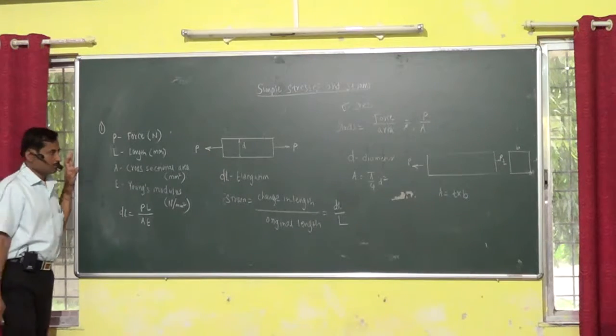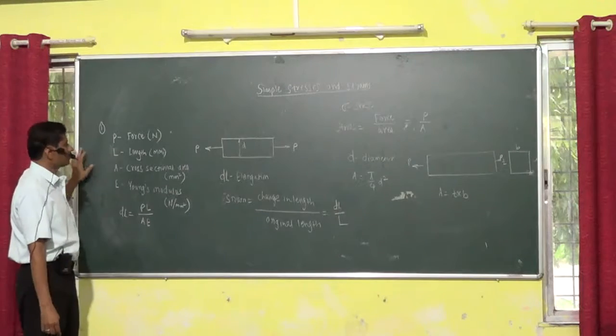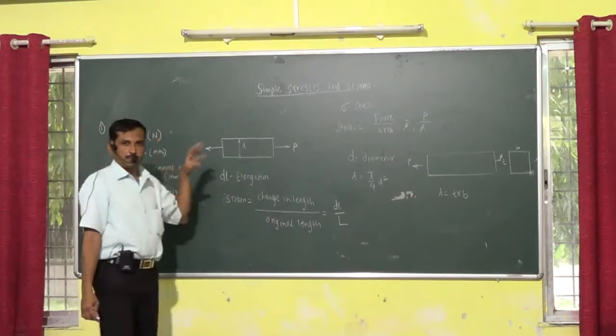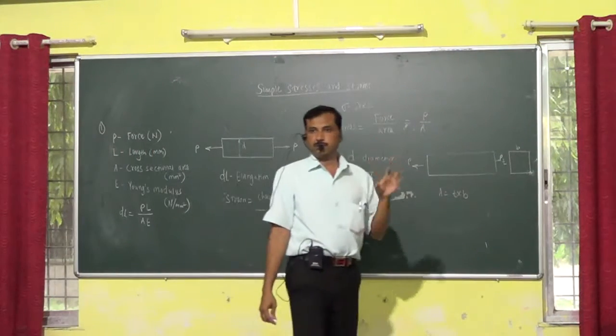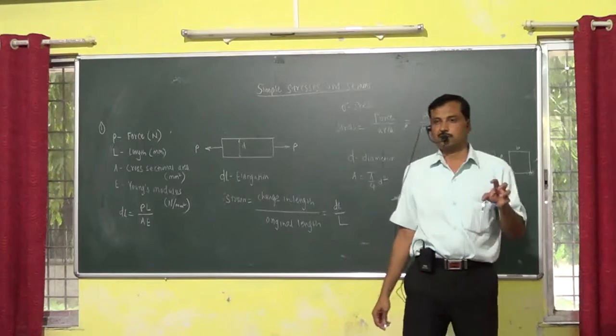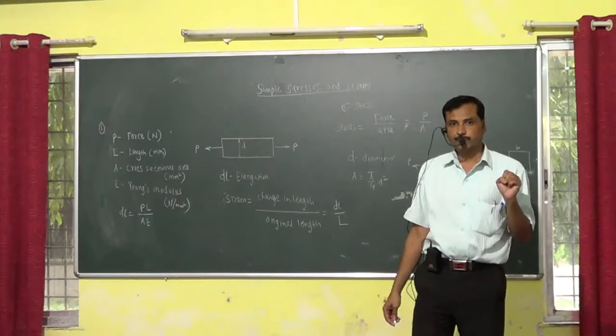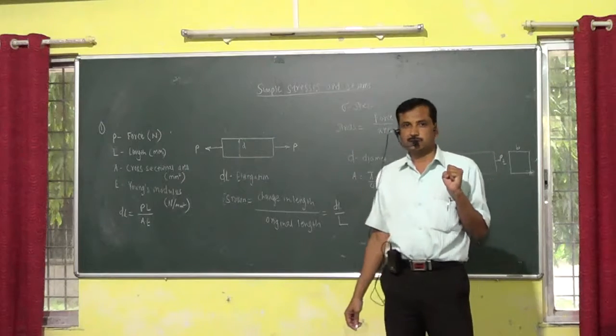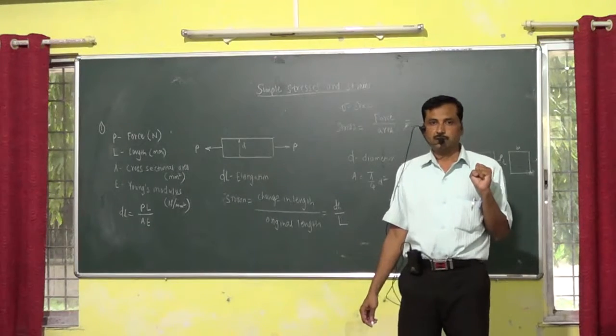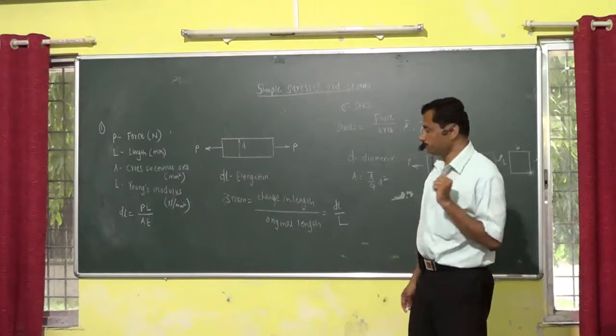Is it okay? So this is the first type of example in simple stress and strain, in order to identify the stresses as well as strains in any component if cross-sectional area is known.